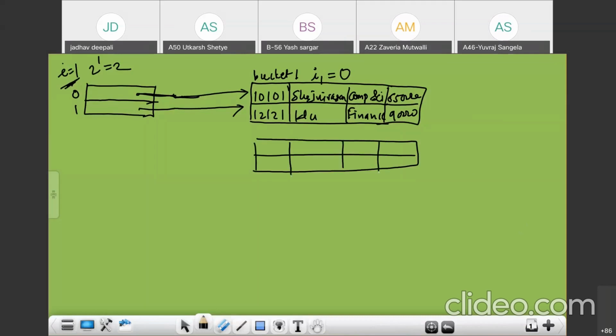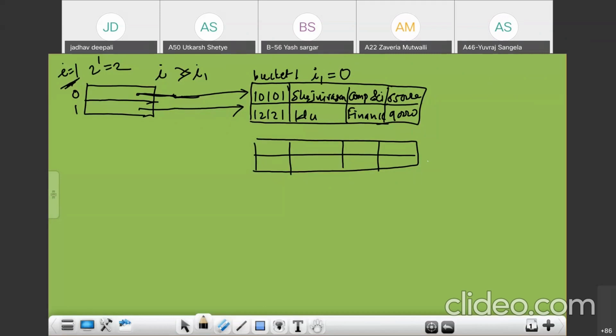Why is it possible? Because i1 is less than i: i is equal to 1, i1 is equal to 0. It means multiple pointers point to the same bucket, and that's why we can add a new bucket.